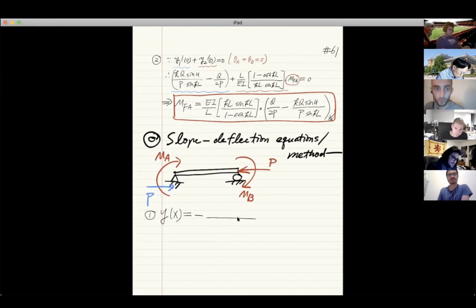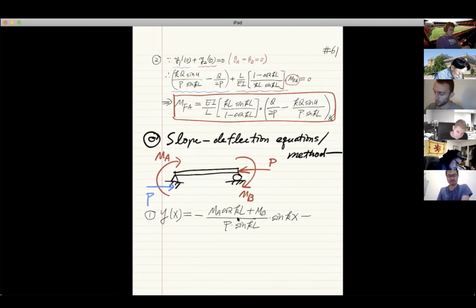This equals MA cosine KL plus MB over P sine KL. Of course, this part you have already seen before, right? This is just copying the result that we did from example 11.